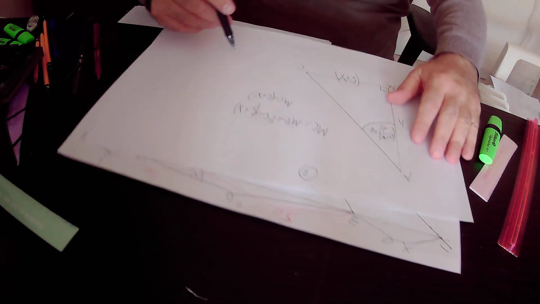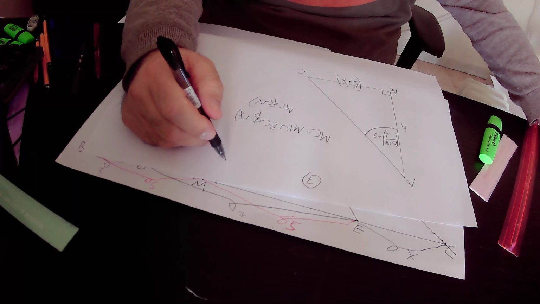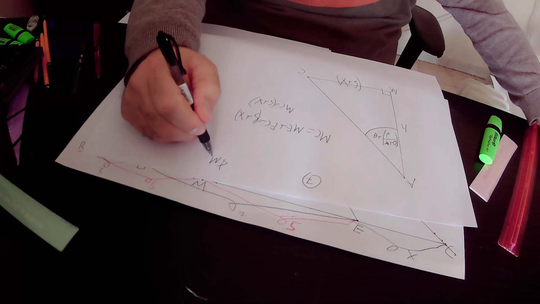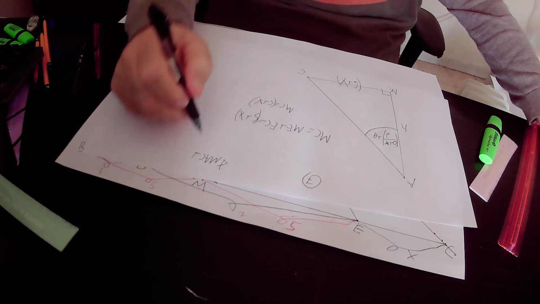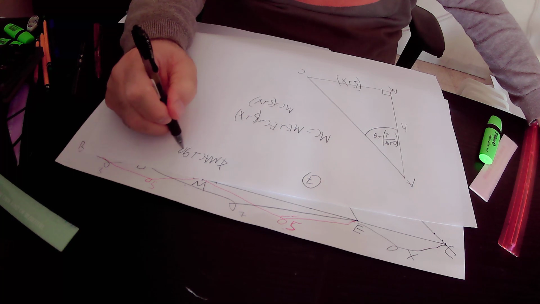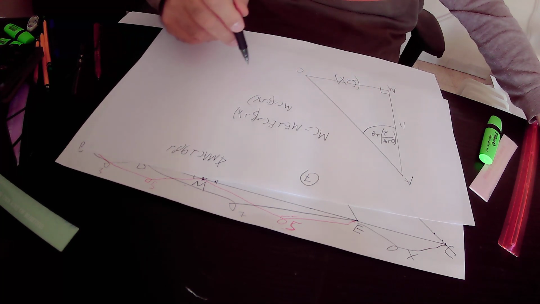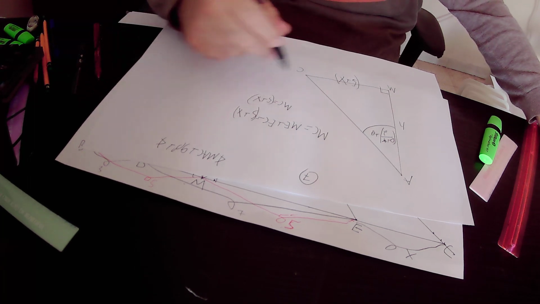So I'll write it down. Angle MAC plus this angle that is 90 degrees plus angle ACM, that is the angle that we are looking for.